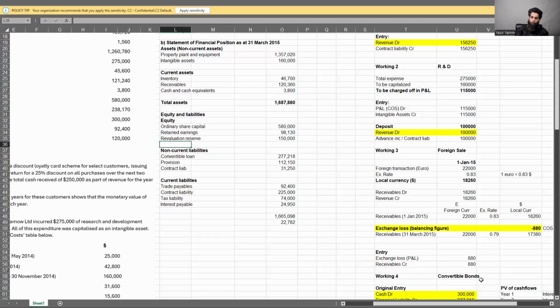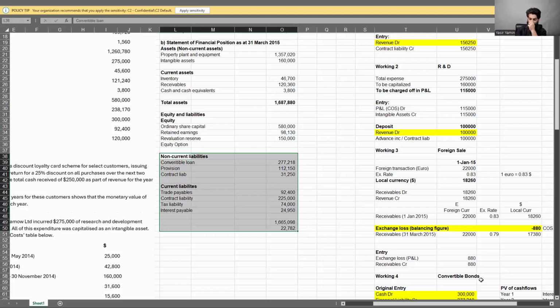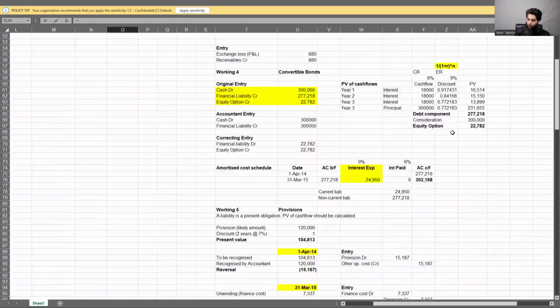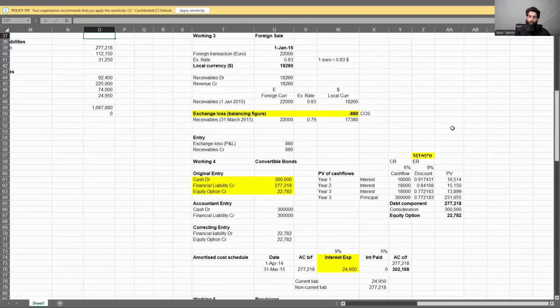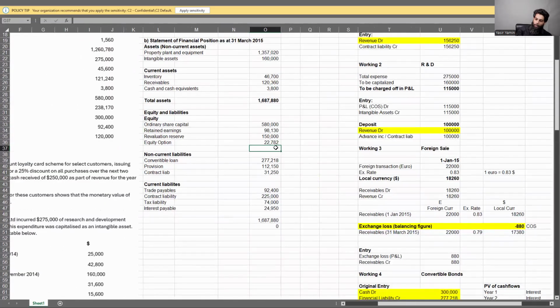Remember equity option from convertible loan notes. It is the exact figure. Since I'm solving the question, I remember the values. When you will be solving on your own, you will remember the values too. So yes, when I write this equity option from convertible loan note, the balance sheet is balanced.